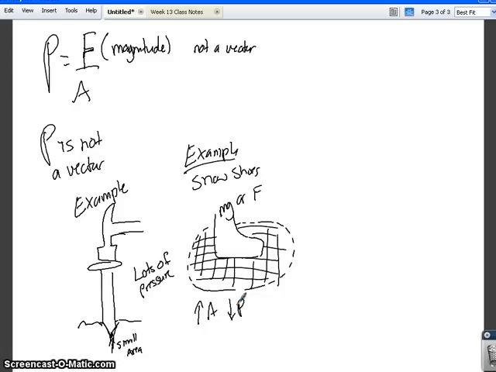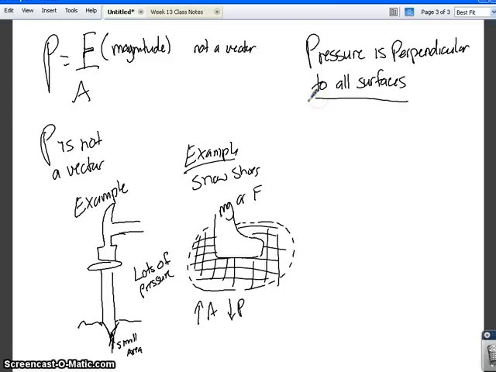Pressure is not a vector, and pressure is perpendicular to all surfaces. I'm writing on the board right now, so I'm going to draw a board up here. There's air pressure pushing up against this board right here.